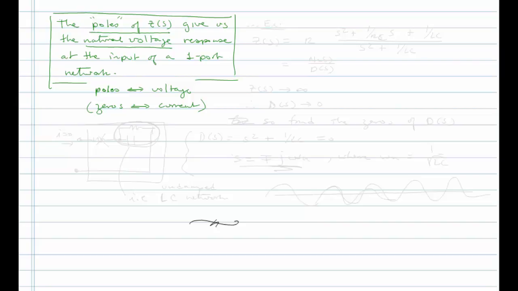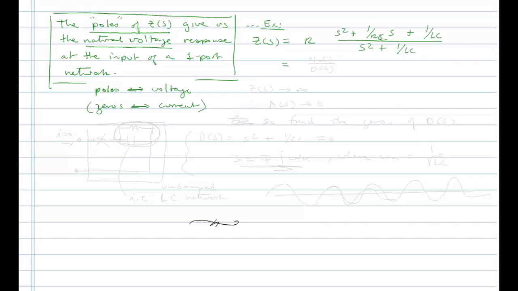Actually, I forgot. Let's continue our example that we had on the previous page. All right. So if we want to find the natural voltage response of this one-port, then we're looking for the poles of the impedance or the zeros of the admittance. Let me write the impedance again: S squared plus 1 over RC S plus 1 over LC, divided by S squared plus 1 over LC.